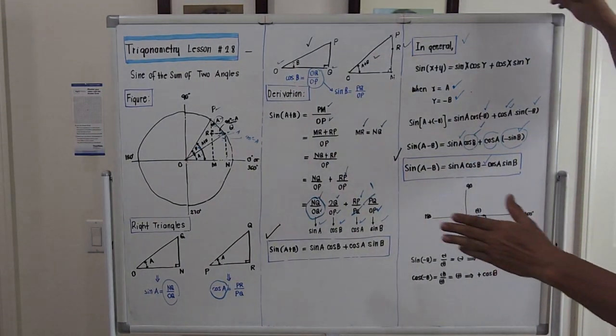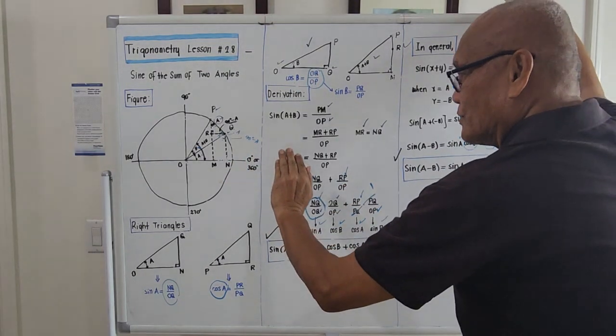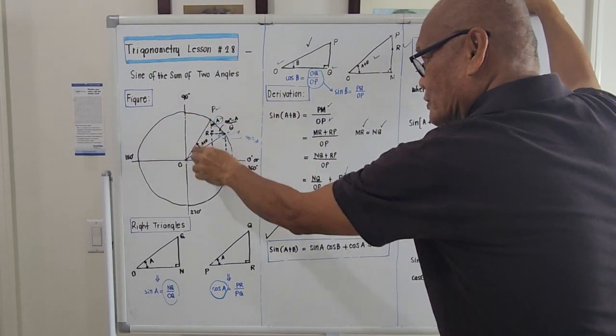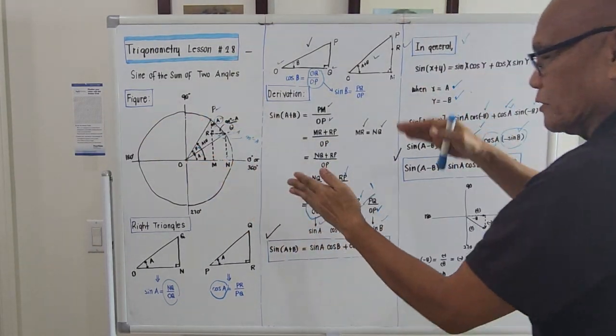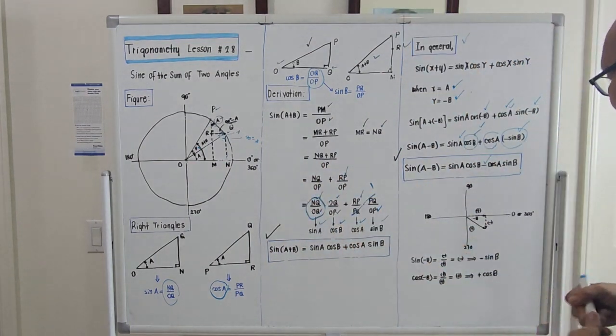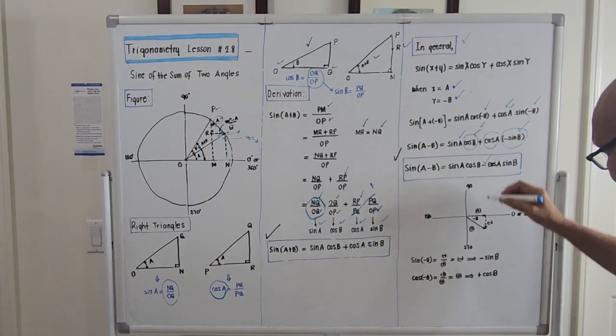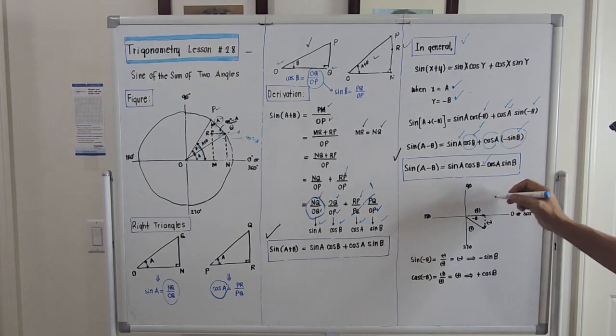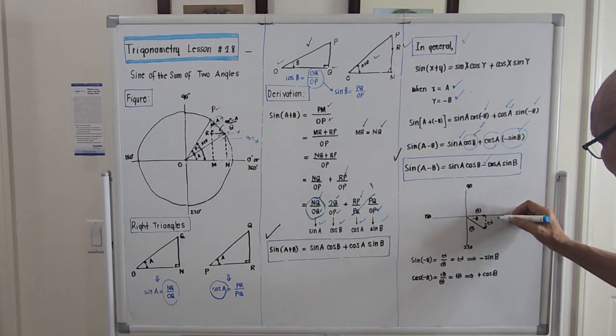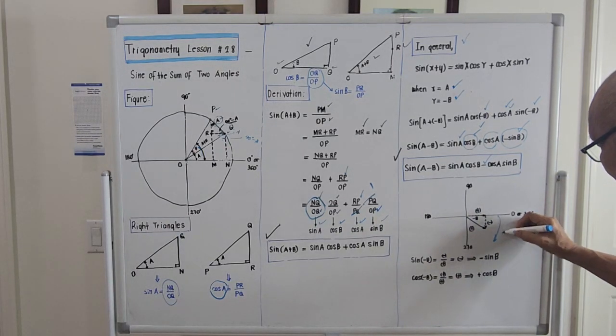From the given figure, angle A is measured counterclockwise, so it's plus A. If it is measured counterclockwise, it falls under the fourth quadrant, right? An angle that is measured clockwise is negative.